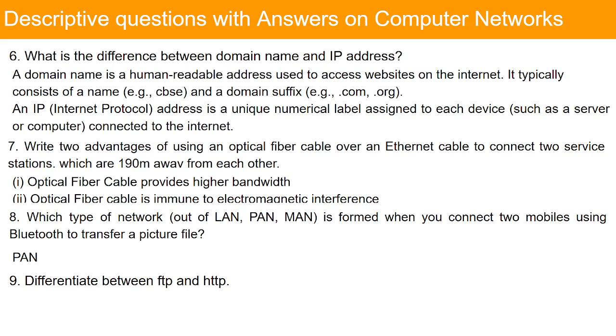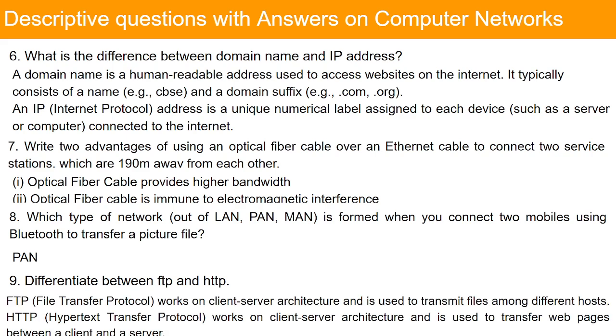The suitable answer is: FTP is File Transfer Protocol, works on client server architecture and is used to transmit files among different hosts. Whereas HTTP, Hypertext Transfer Protocol, works on client server architecture and is used to transfer web pages between a client and a server.